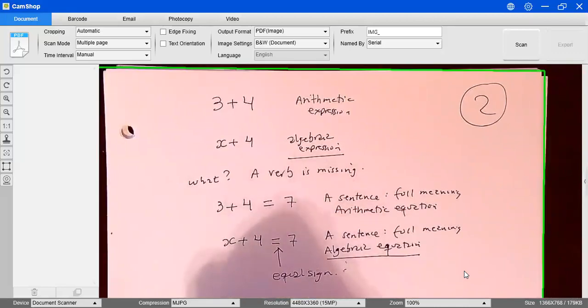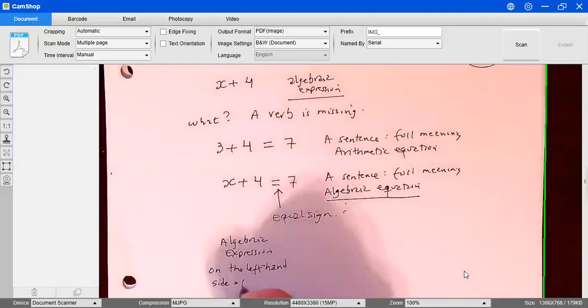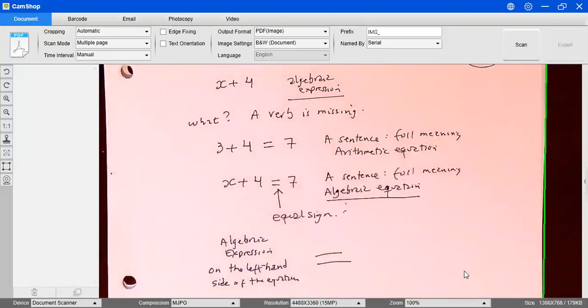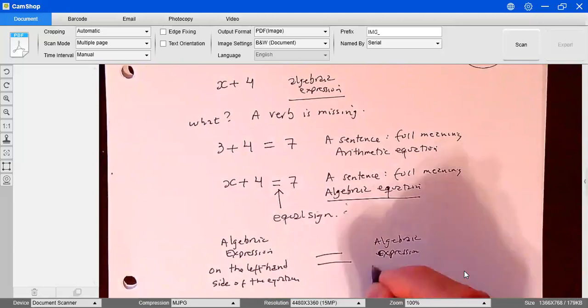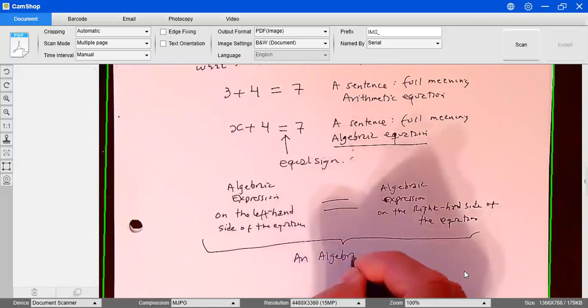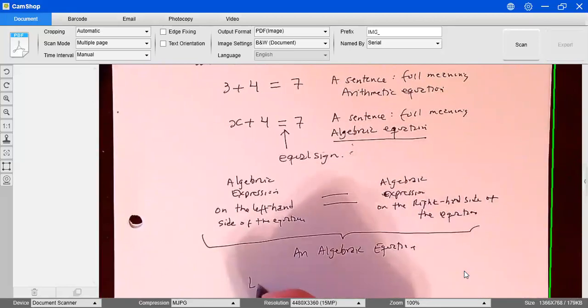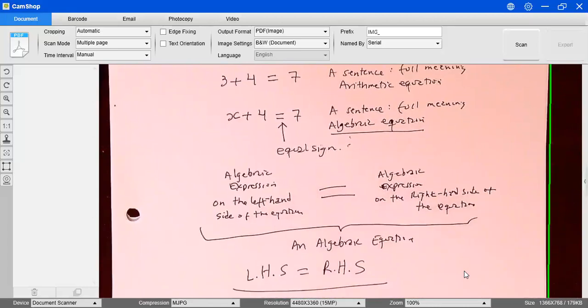So you have an algebraic expression on the left-hand side of the equation, then you have the equal sign, and then you have another algebraic expression on the right-hand side of the equation. This is an algebraic equation.